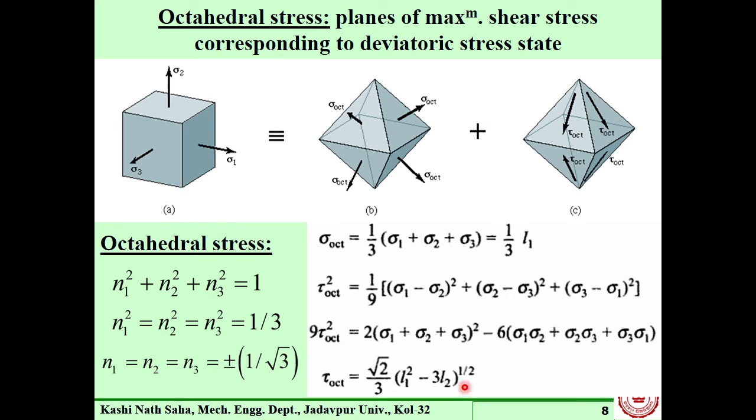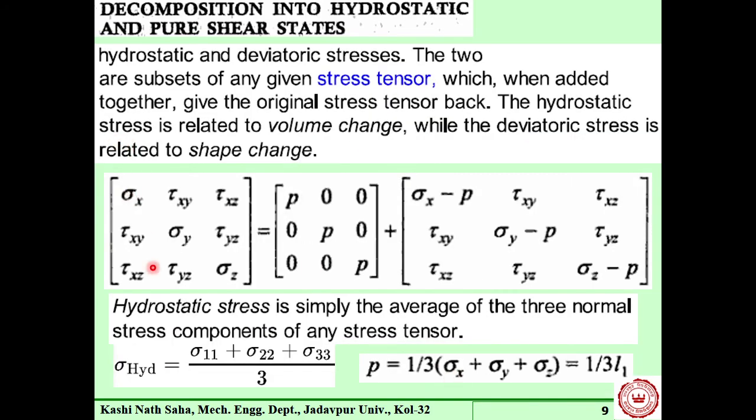Oh, sorry, that depends on the value of I2. Yes, sir, I have calculated the I2 value, but in most cases this value comes negative. Okay, whatever, you have to see this thing. But now we are not using the original state of stress matrix. Now we are using this one. Okay.